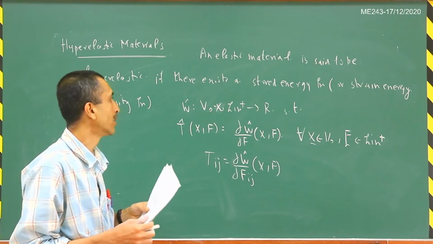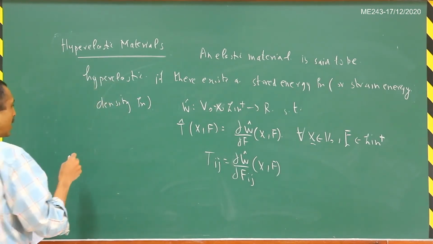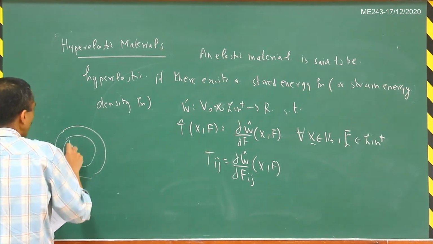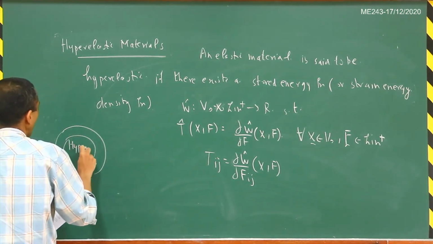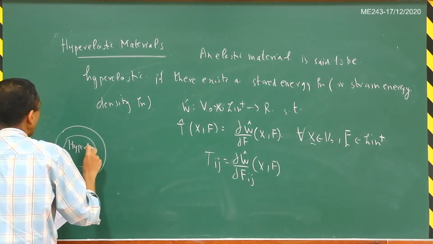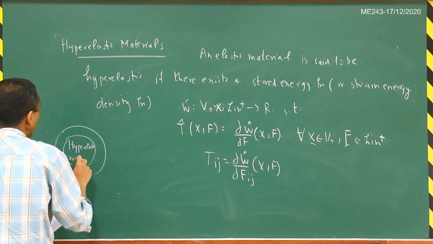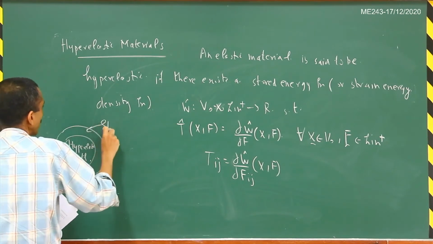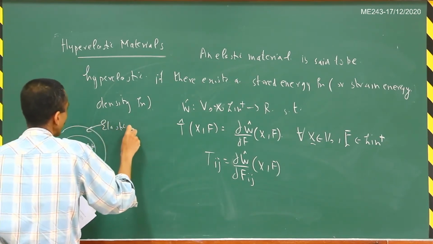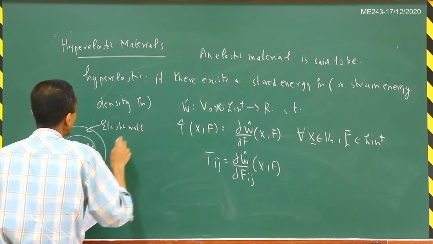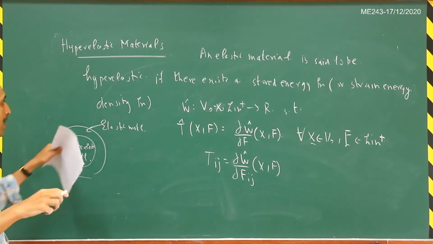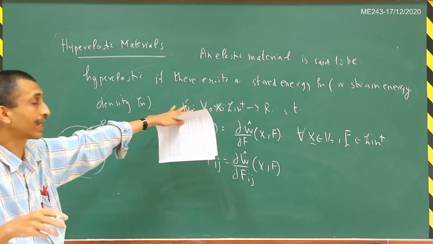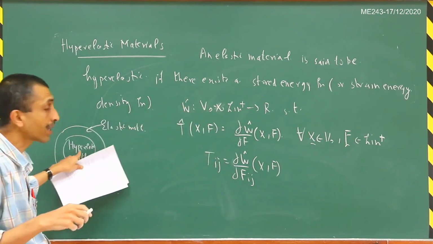Okay, so now actually we can see that the class of hyperelastic materials is a subset, right? So this is your hyperelastic material, and these are your elastic materials. So this outer set is elastic material. Theoretically speaking, there can be elastic materials which are not hyperelastic, right?